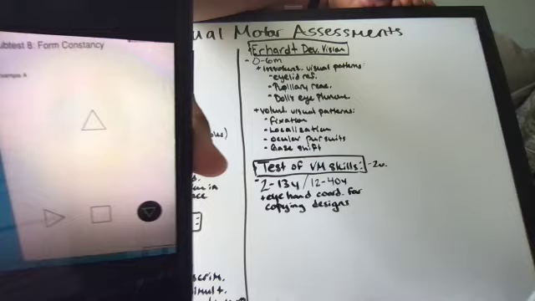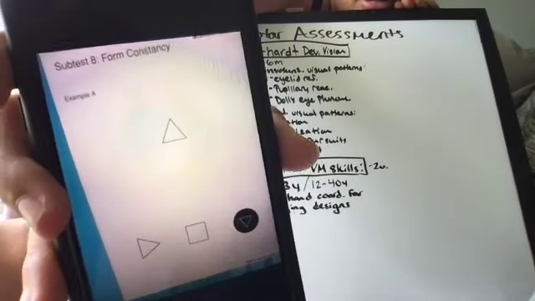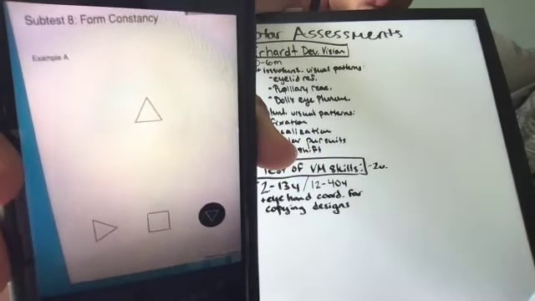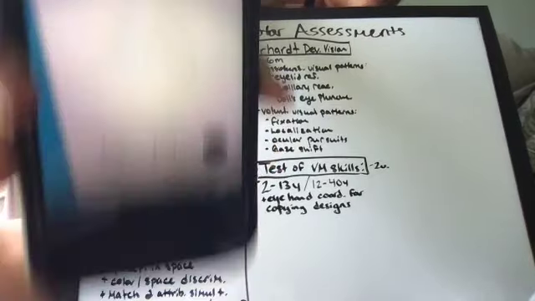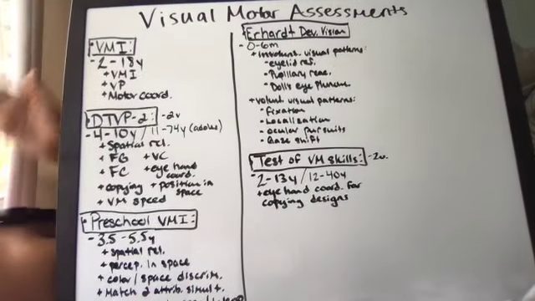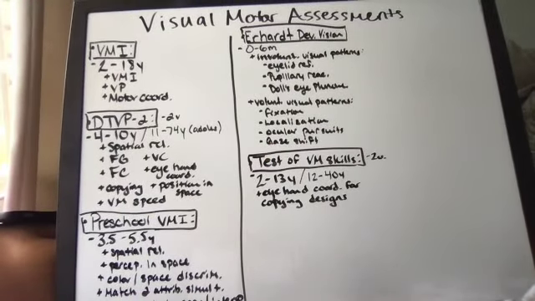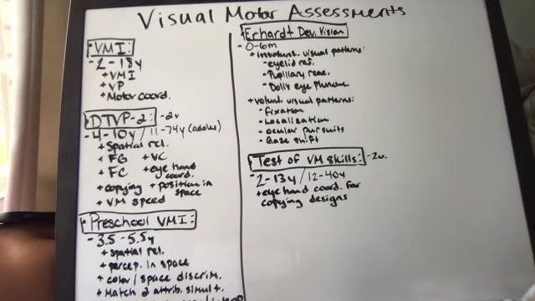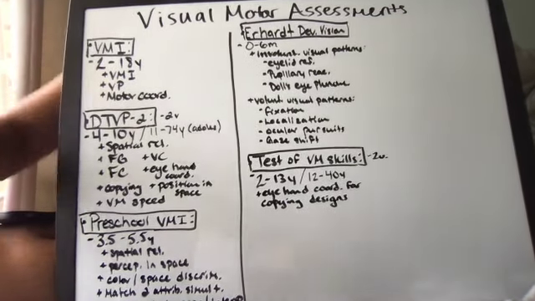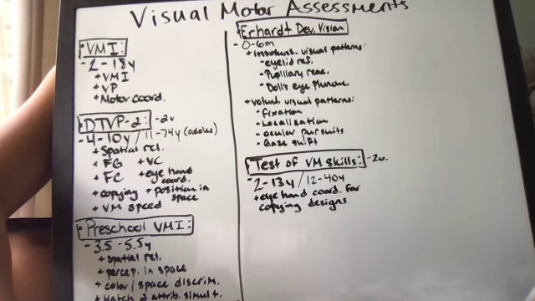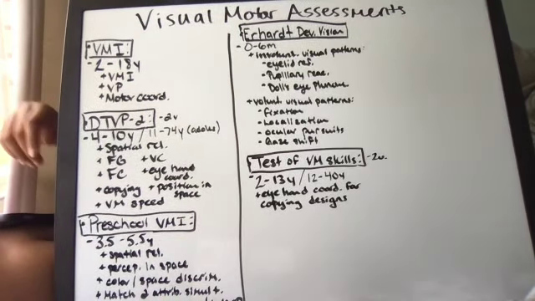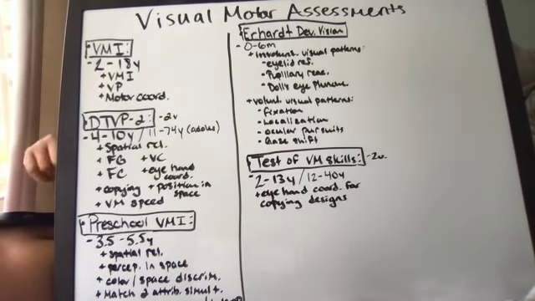For instance, you'll tell them 2 of the shapes at the bottom match the one at the top. Can you find the 2 shapes? By the way, for all of the subtests of the DTVP, you are reading from a script. So it is a standardized assessment. So just keep that in mind. It's very scripted, the whole thing.